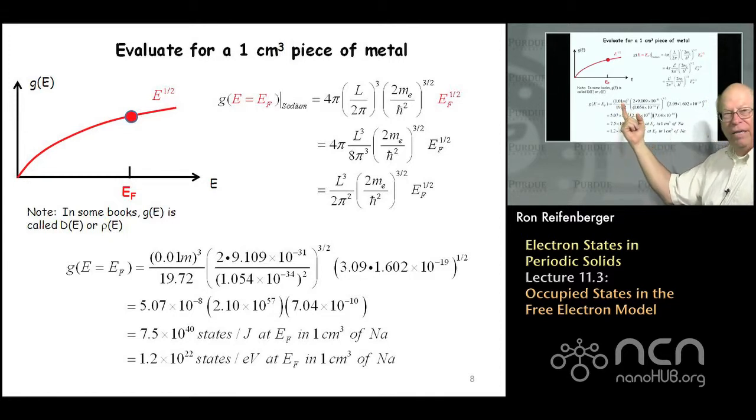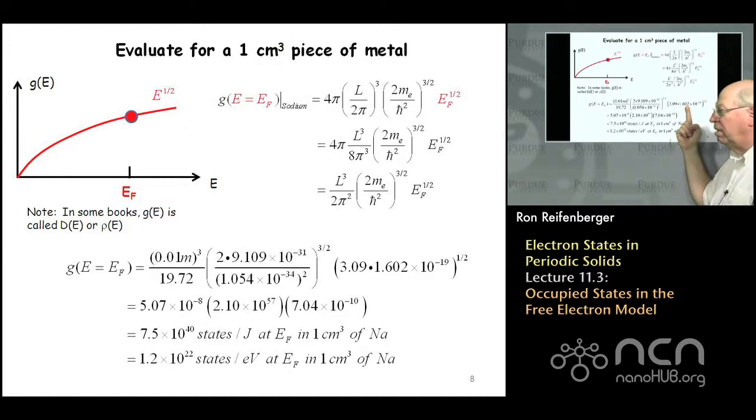I use the dimension of the metal to be 1 centimeter. That's 0.01 meters. I need to know the mass of the electron. That's 9.1 times 10 to the minus 31 kilograms. I've got to know what h bar is. I've got to know what the Fermi energy is, right? I have to take the Fermi energy to the square root power.